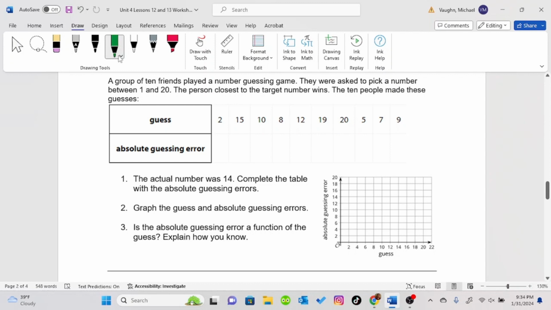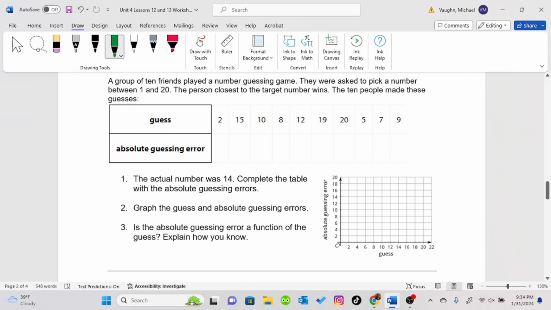And we don't care whether that difference is lower or higher. So we don't have to worry about positive or negative. Our answer will be the positive number of how far away the guess is from the actual number.